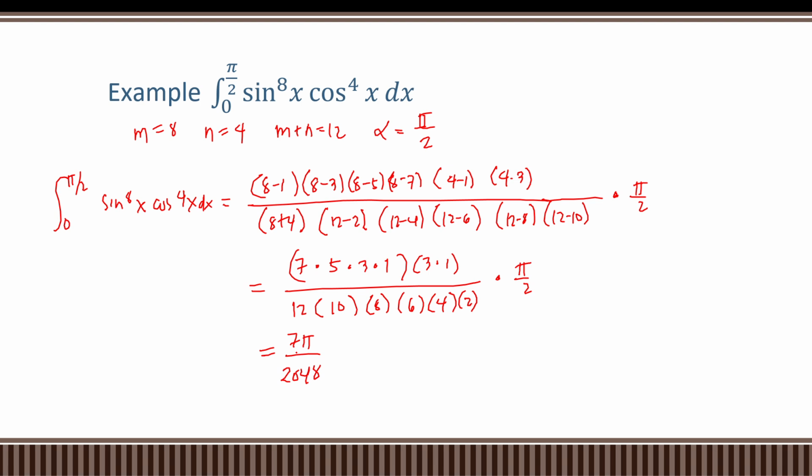Again, 7 times 5 times 3 times 3, that is 315.